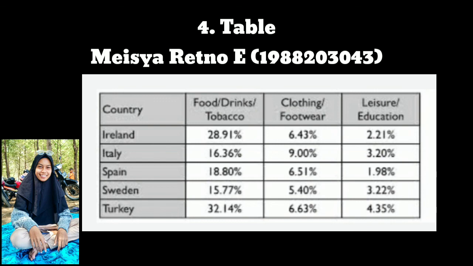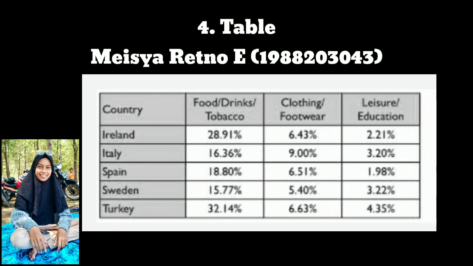On the other hand, the lowest expenditure was on leisure and education, which accounted for under 5% in all countries. Turkey spent most on this item at just 4% of their national expenditure, which is around double that of Spain, 1%.